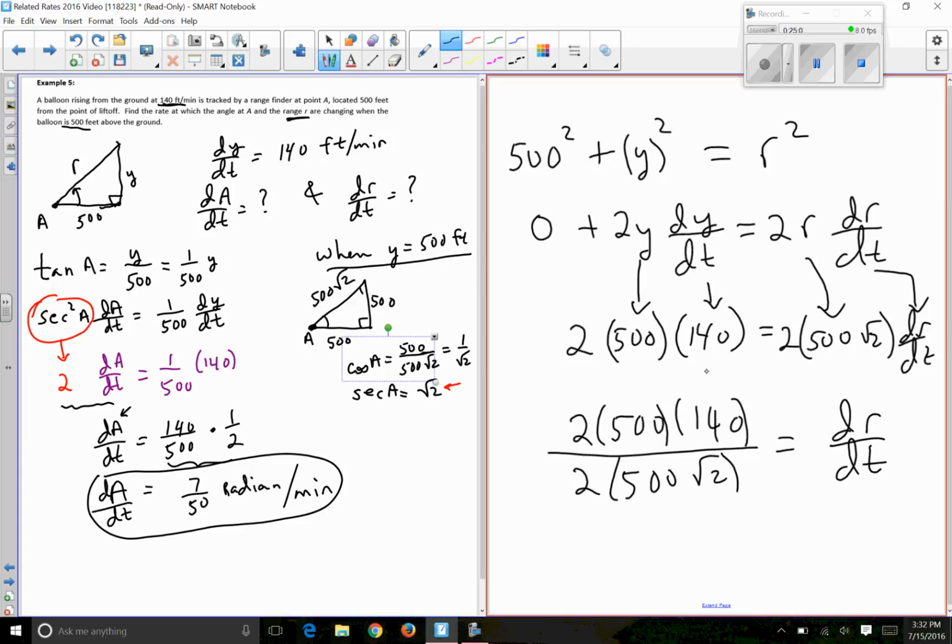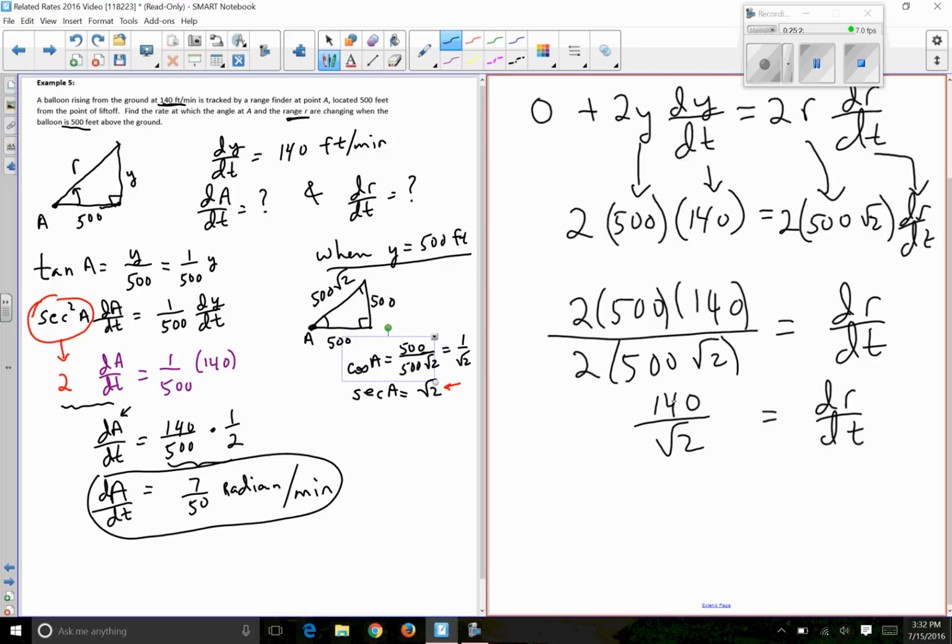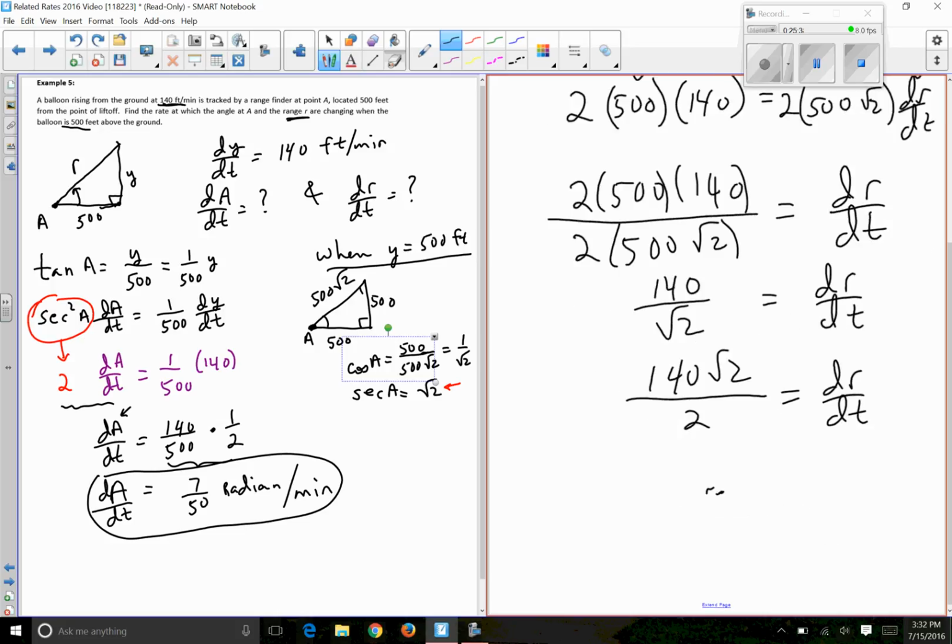Divided both sides of this equation by 2 times 500 radical 2. And this simplifies to 140 over radical 2. And if we multiply the numerator and denominator by radical 2, we end up with 70 radical 2.